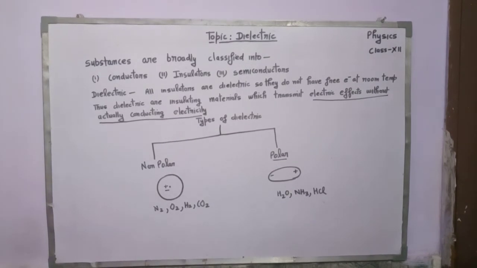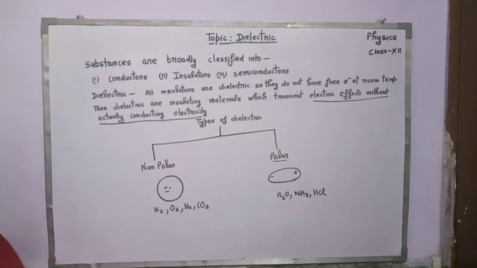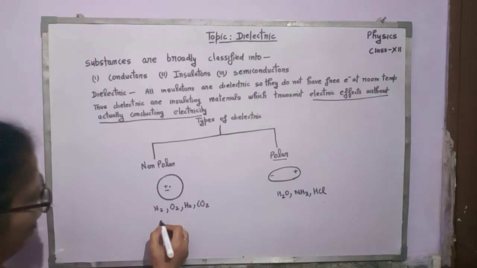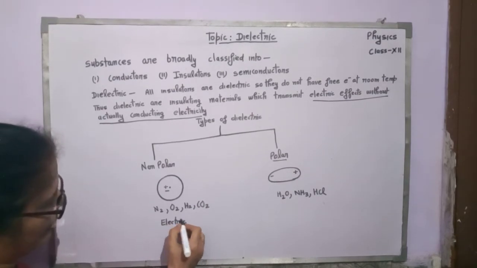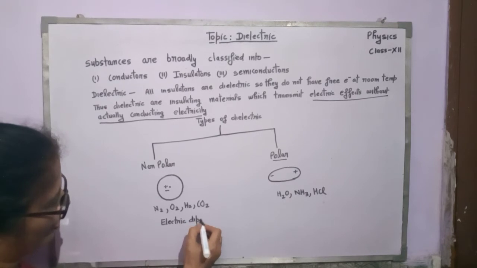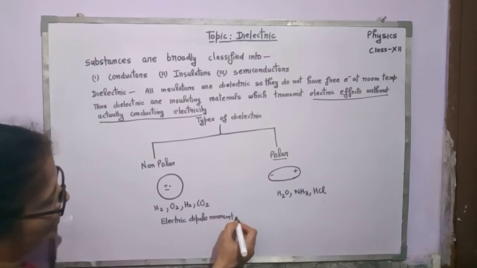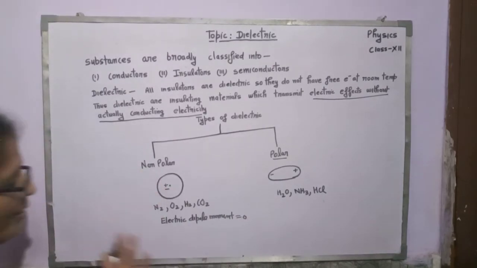Since here the center of the positive and negative charge coincide with each other, they do not have any electric dipole moment. In other words, electric dipole moment is equal to 0 in the case of non-polar molecules or dielectrics.